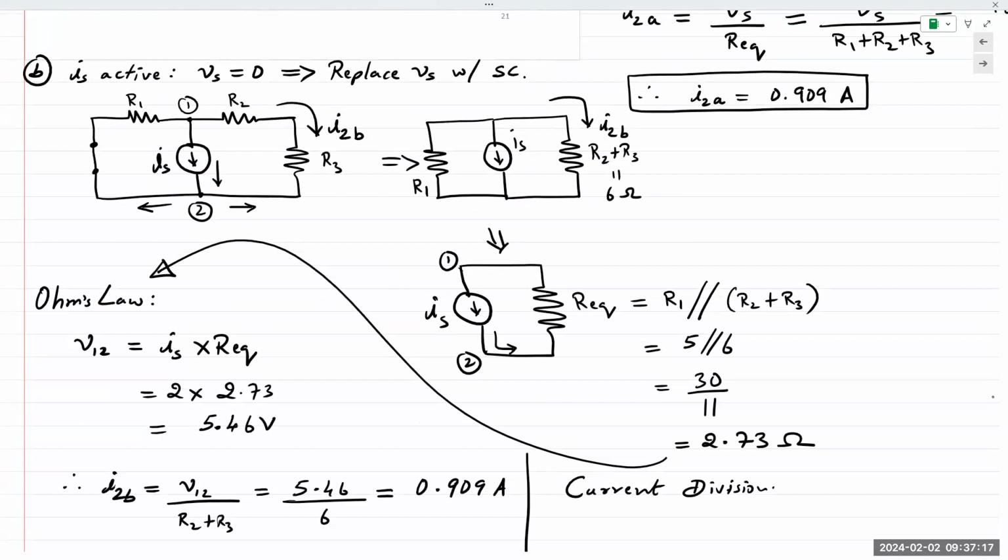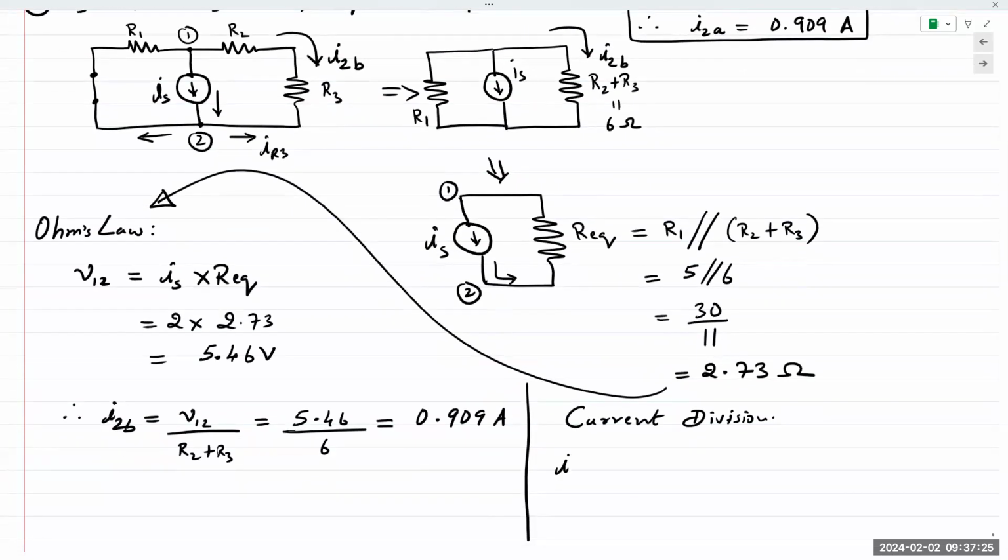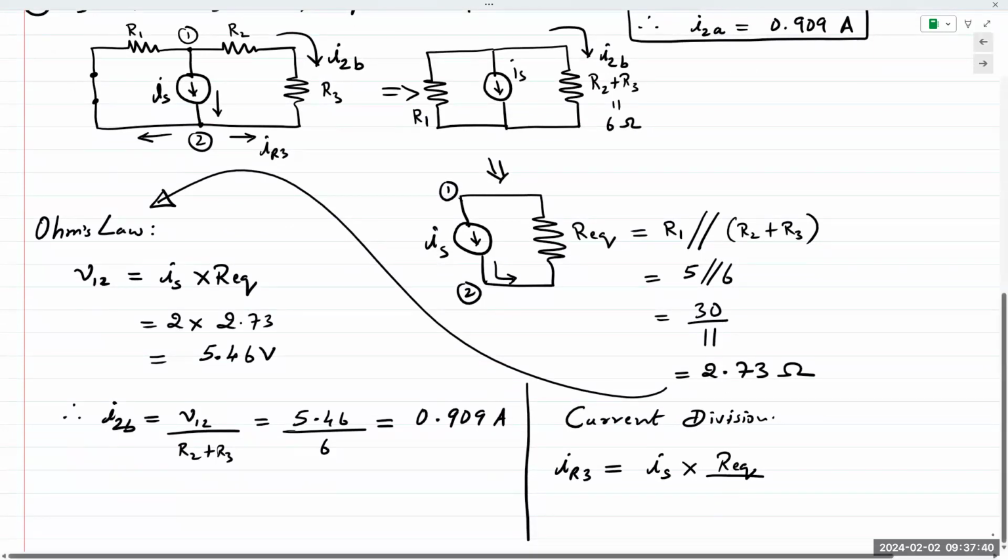Let's call this IR3. IR3 is equal to a fraction of IS. The fraction is given by the ratio of REQ to the total resistance in that branch, so R2 plus R3.